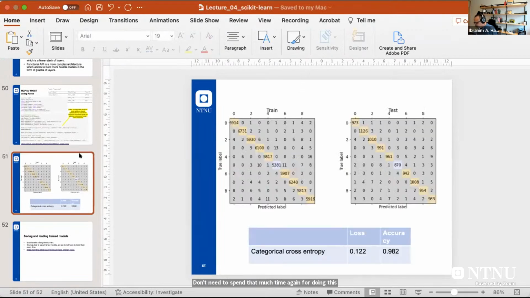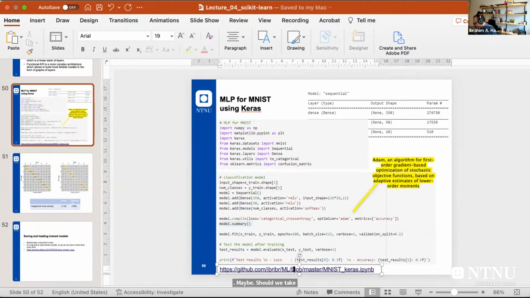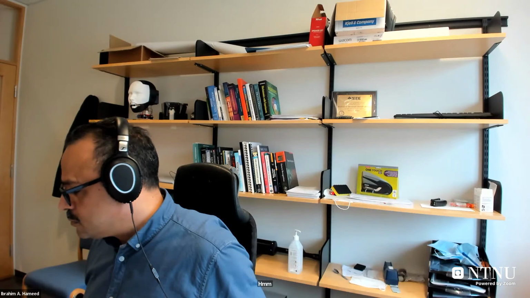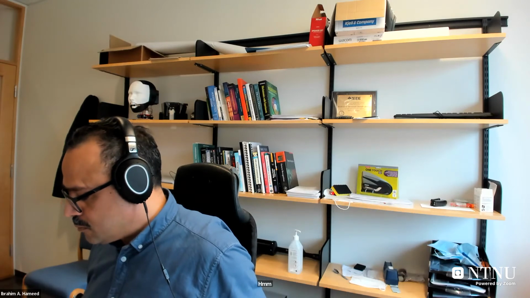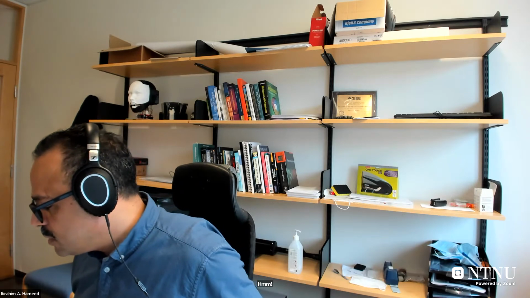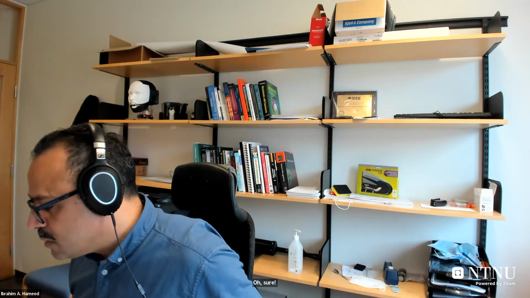So I will go to this example. Maybe Keras, should we take the one from Keras, for example? We can go to this one from Keras and just open it. I want to share only my screen.